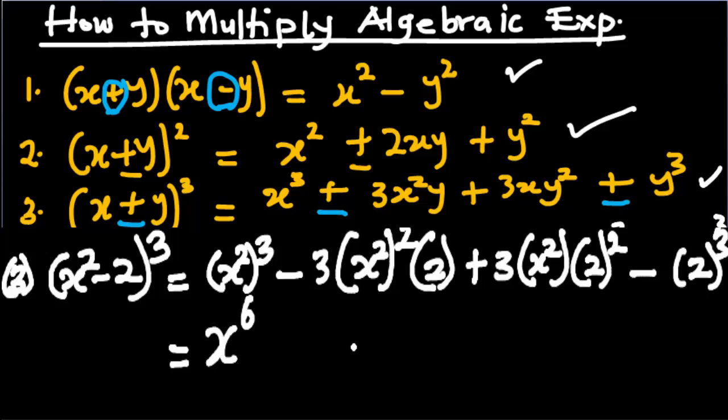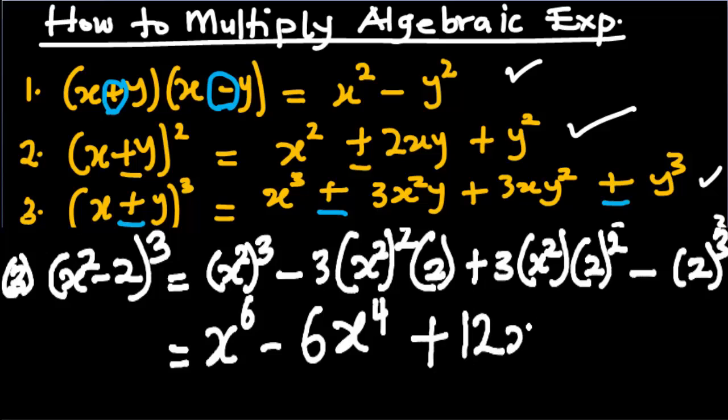So we have x to the power 6, since 2 times 3 gives us 6. Then x squared all to the power 2 gives x to the power 4, plus 2 with the power 2 gives us 4. 4 times 3 gives us 12, so we have 12x squared. Then 2 with the power 3 gives us 8, so minus 8.